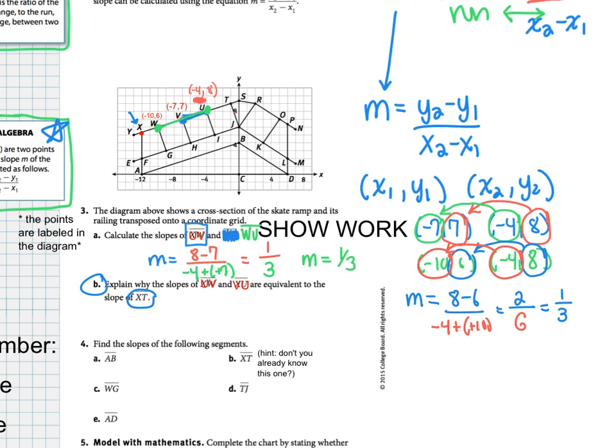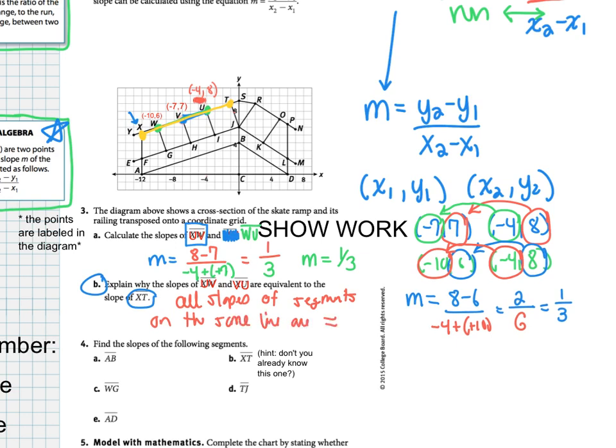But knowing that segment XT falls along the same line as those others, that tells us that all the slopes along that line are going to be equivalent. So we'll just say that all slopes of segments on the same line are equal.